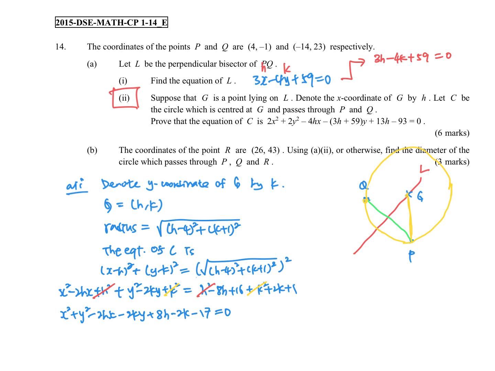To make k the subject, k equals 3h over 4, so that will be 0.75h, plus 59 over 4, which is 14.75.